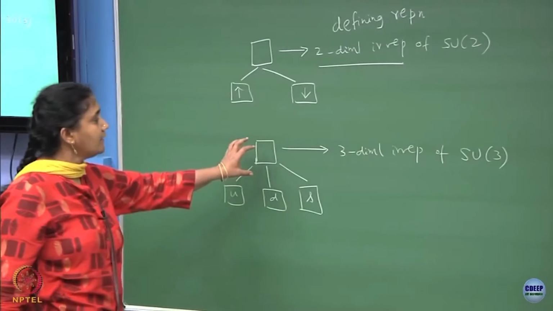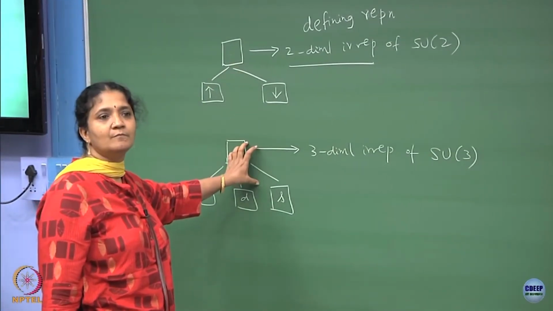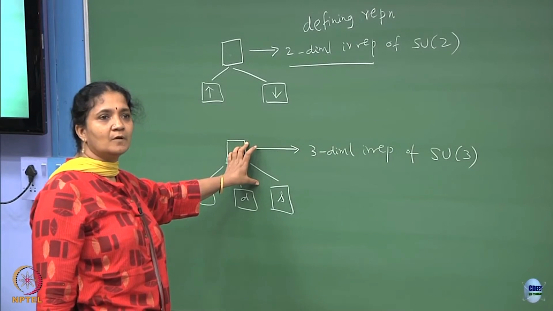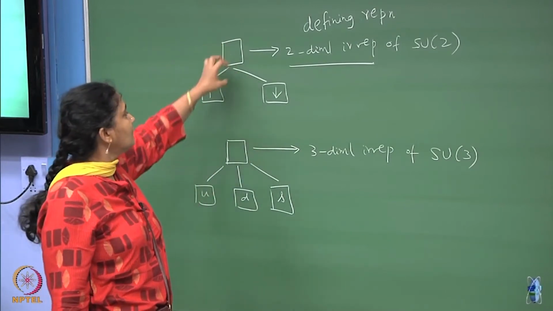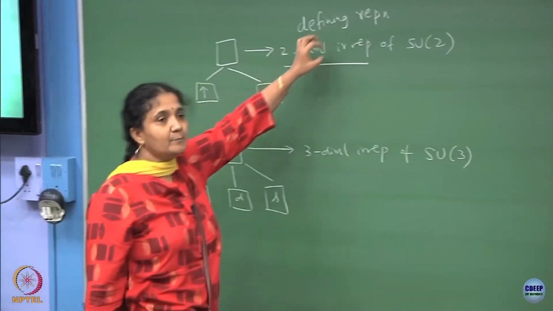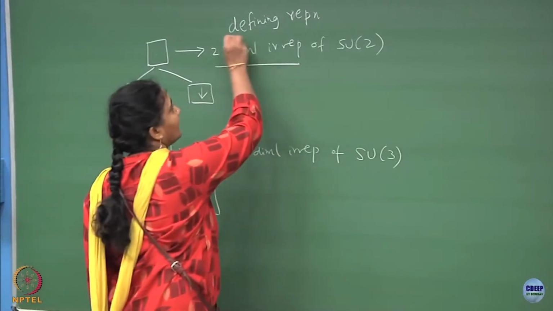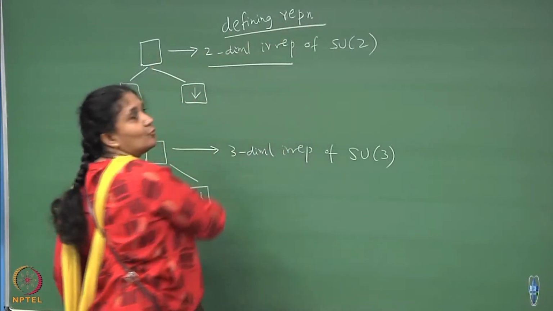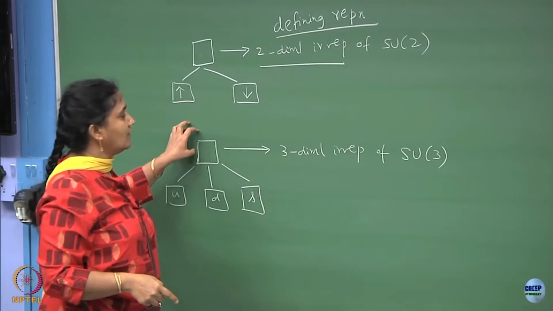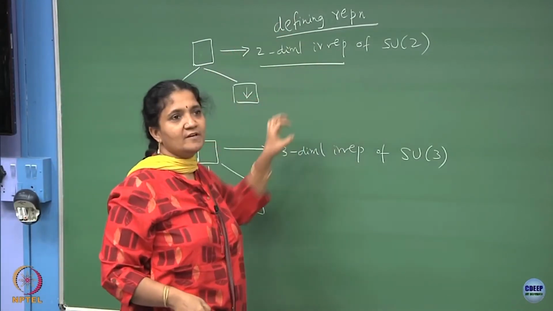The same diagram has different meanings for different groups. Clear? So, this is the fundamental object you can put, sometimes called the defining representation. The defining representation is what I have shown as a single box. It is 2-dimensional for SU2 and 3-dimensional for SU3.